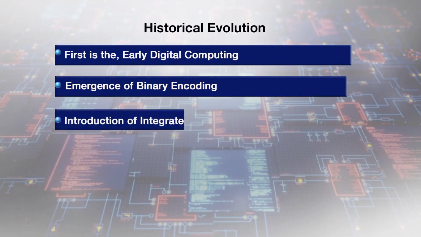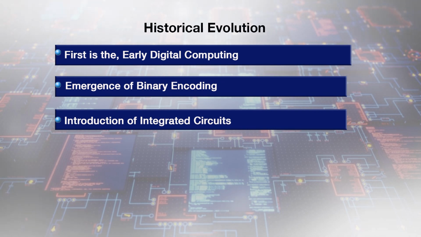The need for an efficient way to convert between binary and other forms of data representation led to the development of early encoders and decoders.